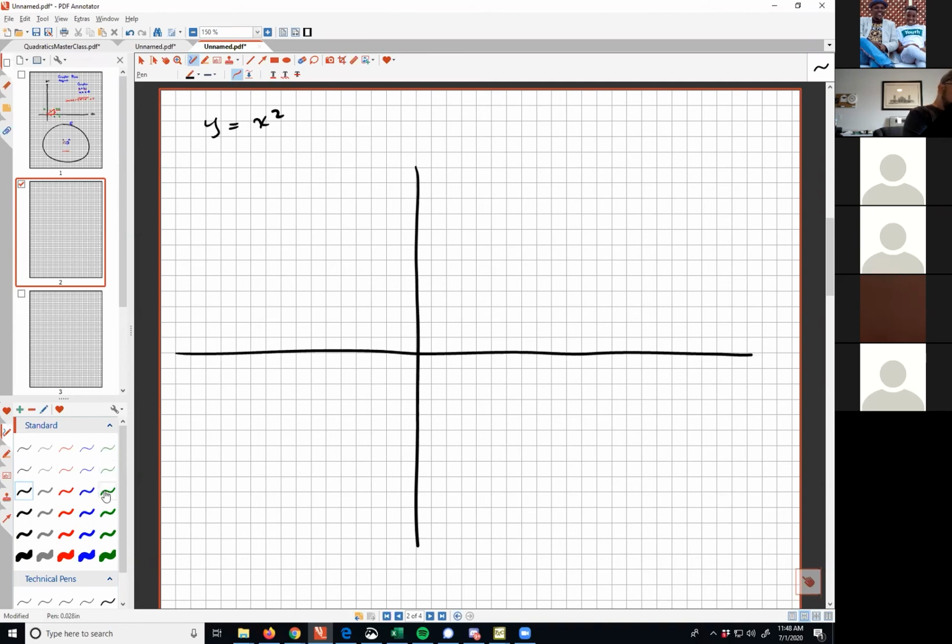Y equals x squared, and I'll plug in x equals 0, and that gives us y equals 0. I'll plug in x equals 1, and that gives us y equals 1. X equals negative 1, y also equals 1. In general, we're going to get symmetry, right? If I plug in 3 and get 9, I can plug in negative 3 and also get 9.